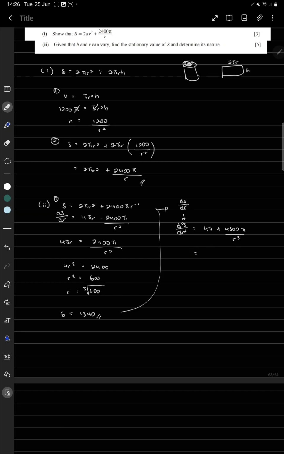We already found r, which is the cube root of 600, and we're just going to substitute it into this expression, and then our answer is 12 pi. So 12 pi is more than 0, so therefore this is a minimum point. Okay, and that's your answer.